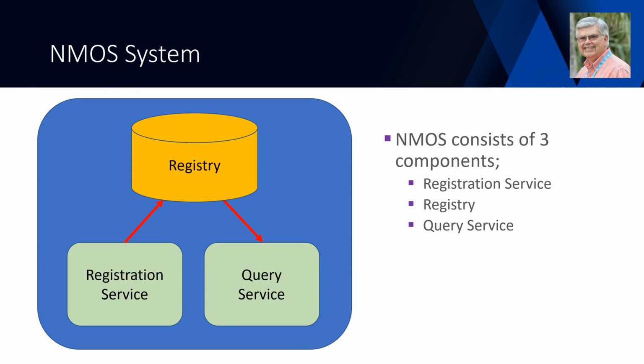Then that registry database makes that data available in a query server that the independent gear can go query, go pull that data and get all the connection information that it needs and where it's going.